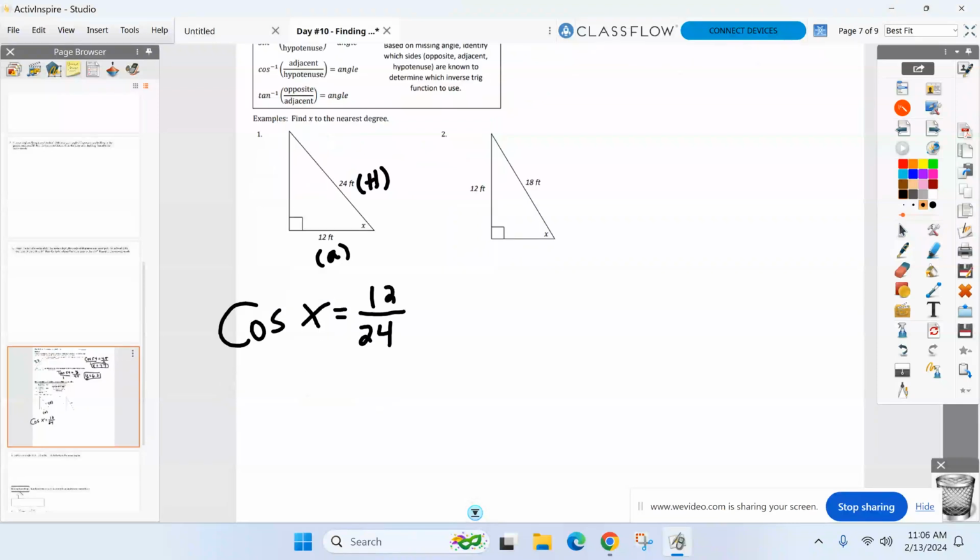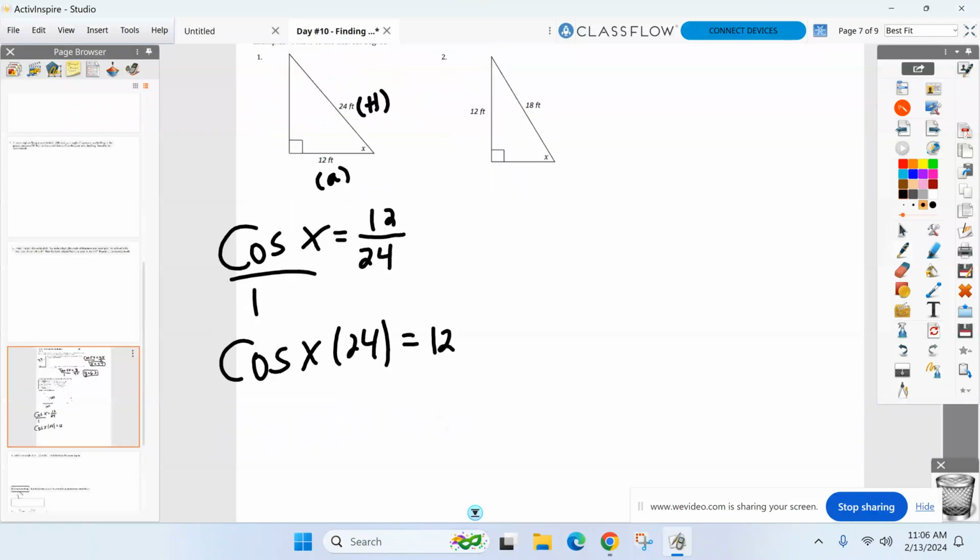If you were doing this like we did the review problems above, you would put that over 1, cross multiply, and say cosine X times 24 equals 12, and then I'd be really interested in where you'd go from there. Because you can't tell me divide by cosine 24, because 24 is not a degree measure.